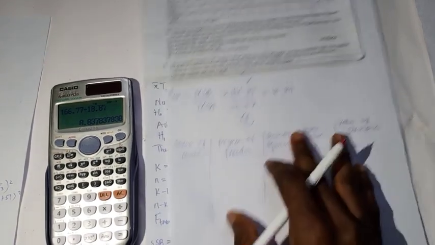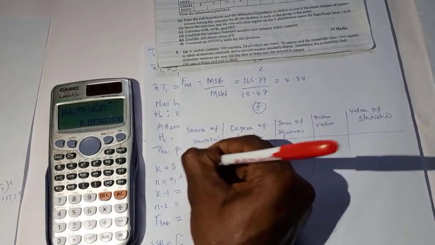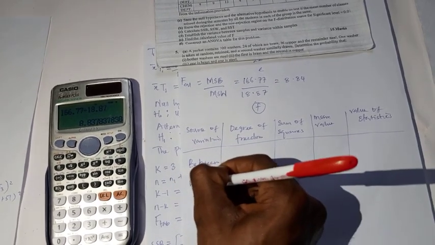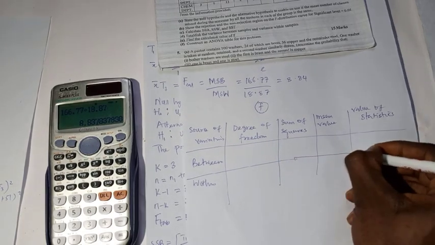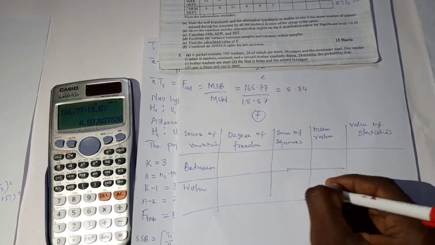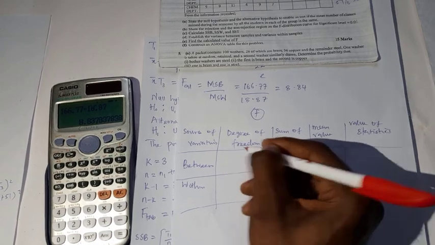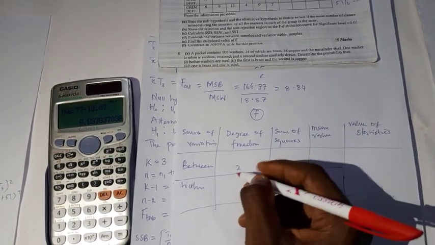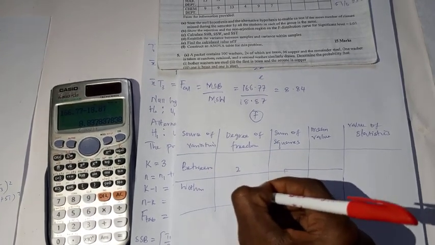On the source of variation, of course, we have between and within. Our degree of freedom for the between is 2. Then for the within, we have 22.